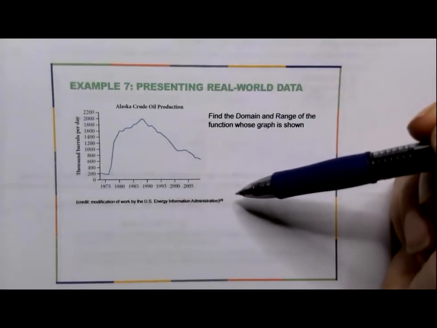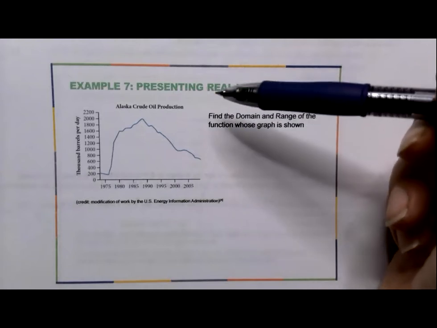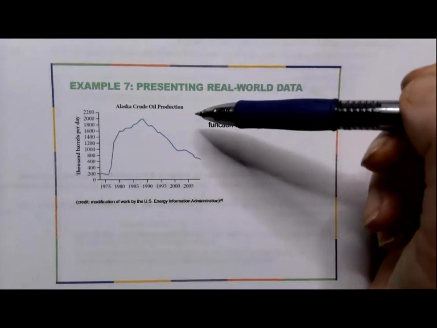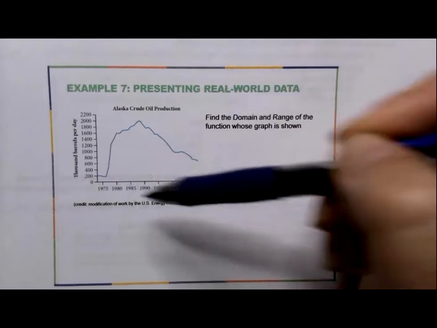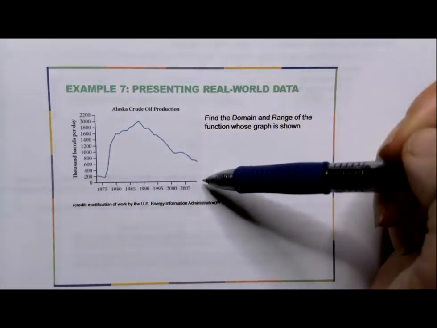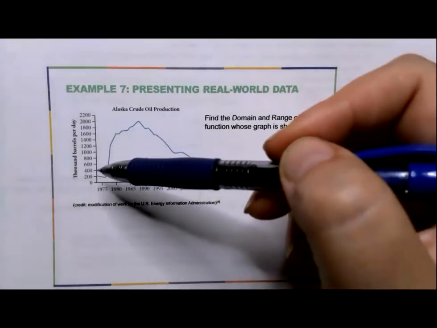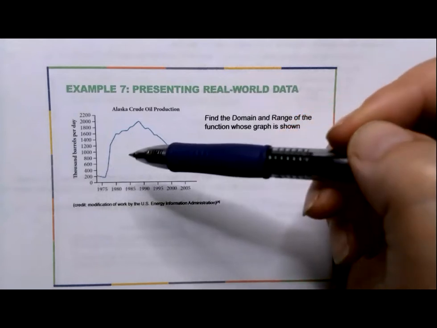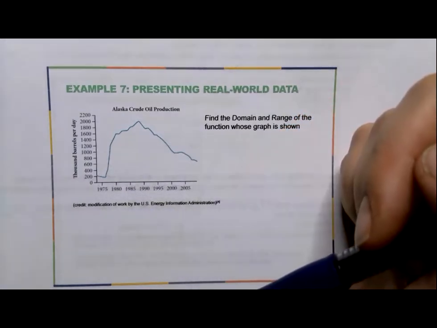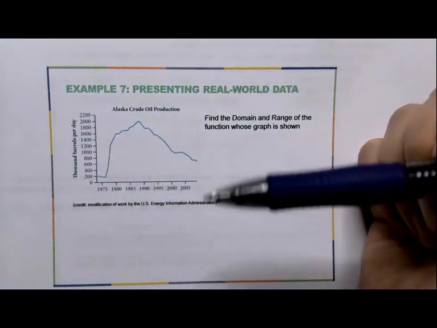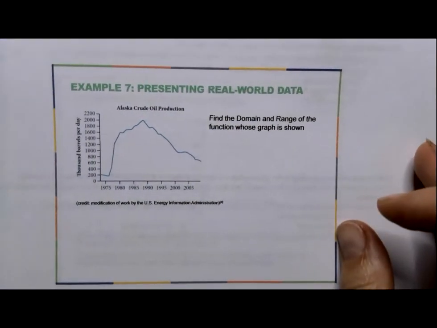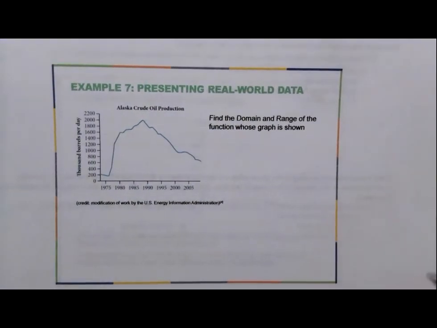We have energy information, the Alaska crude oil production. On the x-axis we have years, and on the y-axis the oil production in thousands of barrels per day. All right, so how would you approach this problem?